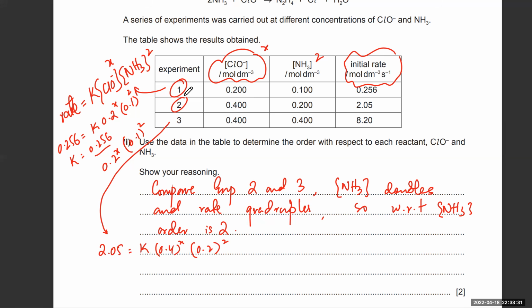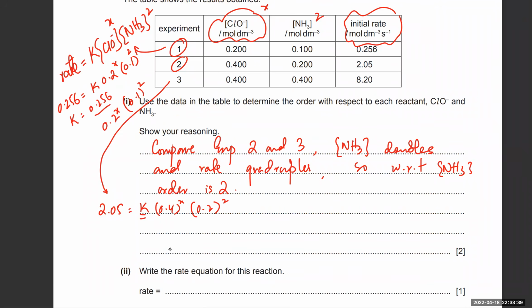K is a constant, so the first constant and the second constant would be the same. So I'm going to take that K and put it over here. K from the first experiment goes in. So 2.05 equals 0.256 divided by 0.2 to the power X times 0.1 squared, times 0.4 to the power X times 0.2 squared.